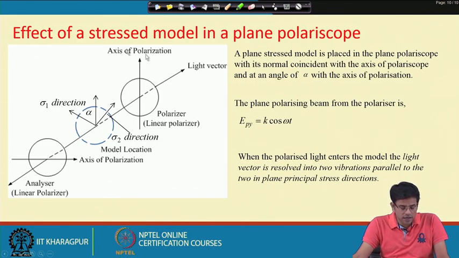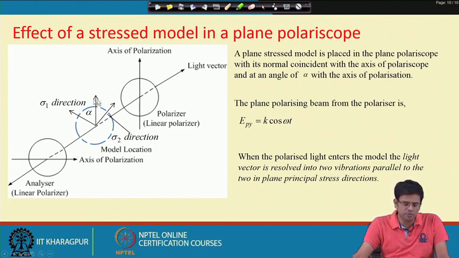Now here we will understand the effect of a stressed model in a plane polariscope. This is the direction of the light vector, this is the analyzer and this is the polarizer.